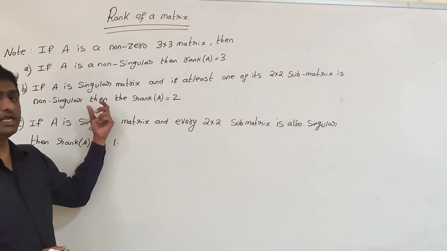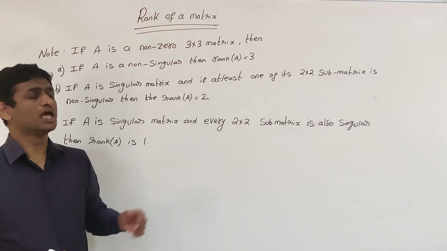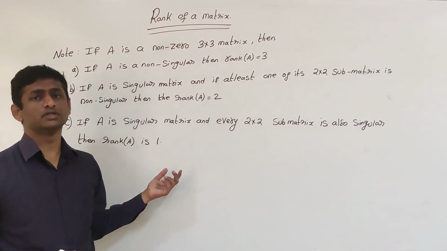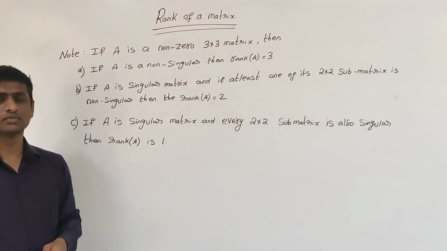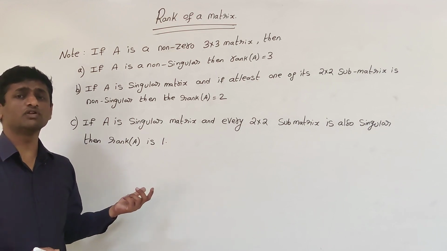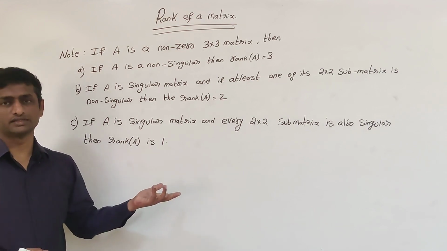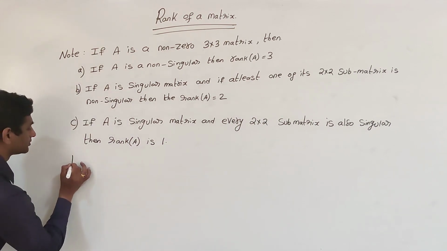So if all the 3 by 3 and all 2 by 2 square submatrices are singular, then the rank of the matrix will be 1. But what will be the rank of a 0 matrix? It is always 0.